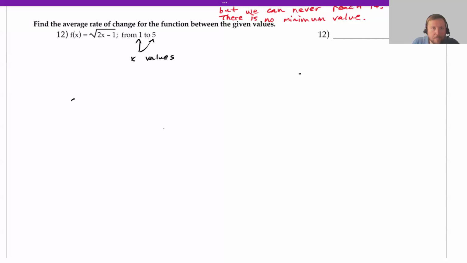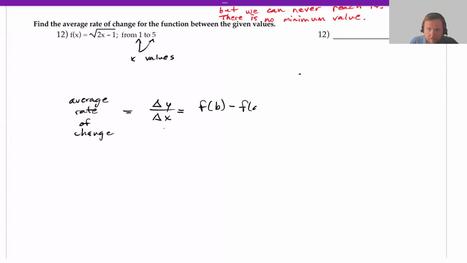And the average rate of change you can write as delta y over delta x. We have this formula, but remember, it's really just the slope formula, except with function notation in it, because we're talking about points that are on the function. So it's the same formula.